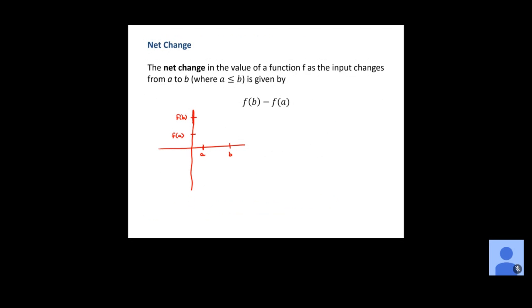Because those would represent y values. So that means on our graph, we would have a point at a, f of a, we would have a point at b, f of b, and we're just trying to figure out what is the net change in the y values between those 2 points. Basically, how far have we gone in terms of y values between a and b now?